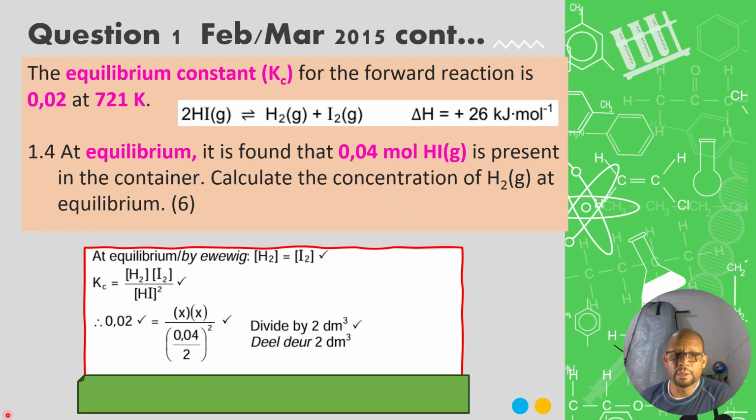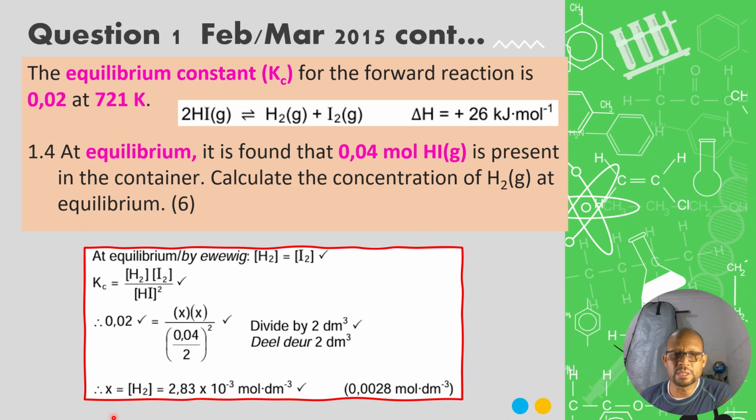By continuing, we can substitute the values for the equilibrium constant, which is 0,02, and then the substitution for the concentration of hydrogen and for the concentration of iodine gas will be X times X. And then the concentration for hydrogen iodide will be 0,04 divided by 2, because remember in the beginning they gave us the volume, which was 2 cubic decimeters.